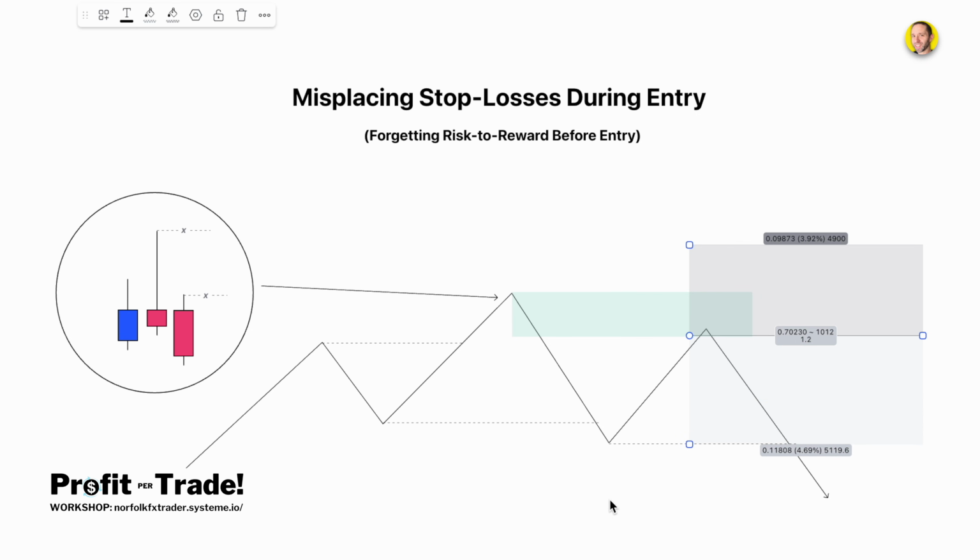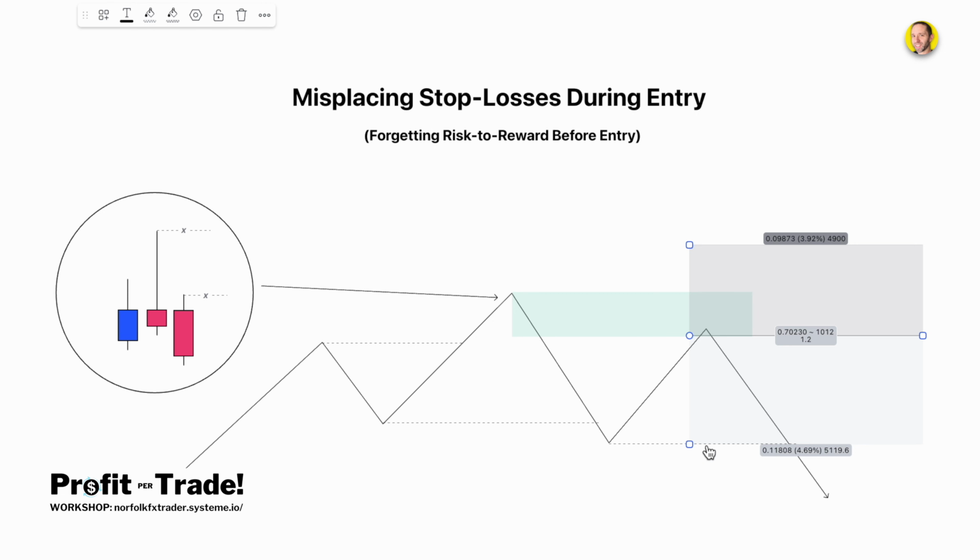And then you realize the trade itself is just over 1-to-1 risk to reward. That is not good risk and money management. Forgetting about your risk to reward before your entry is going to kill your longevity in this business. Make sure that you always double check your risk to reward before you take an entry.